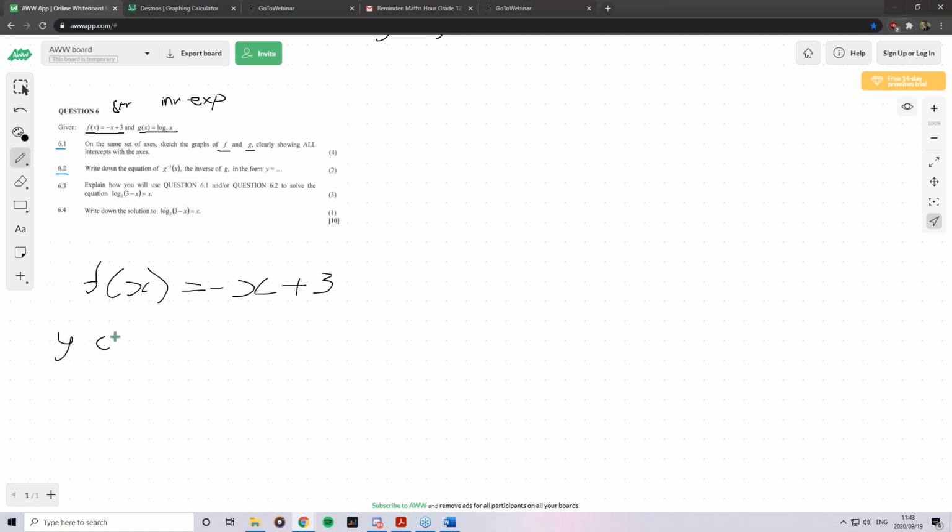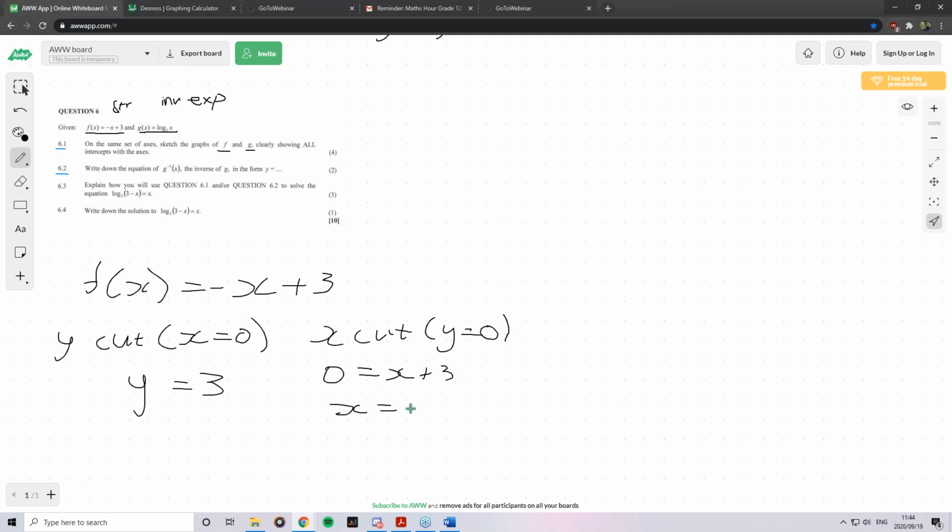Let's solve for the y cut, make x equal to 0, y is equal to 3. I'm just saying y equals minus 0, just 0 plus 3. For the x cut, y equals 0, 0 is equal to minus x plus 3. So we have that x is equal to minus 3 here.